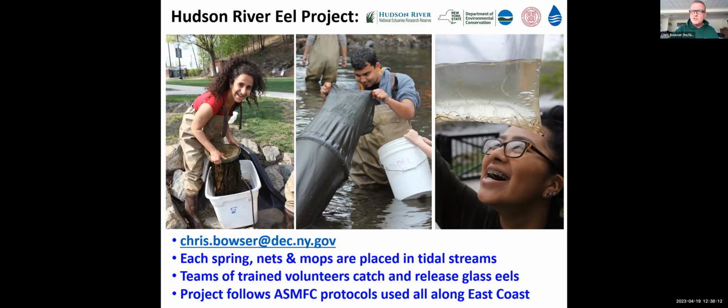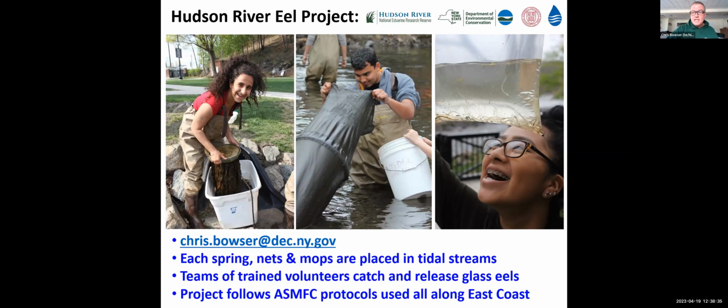You'll see here different students that are checking a funnel-shaped net, taking the eels out of that net every single day for 2 months in the spring, counting the eels, collecting some environmental data, and then very deliberately moving those eels upstream past barriers to connectivity like dams and poorly sized culverts.